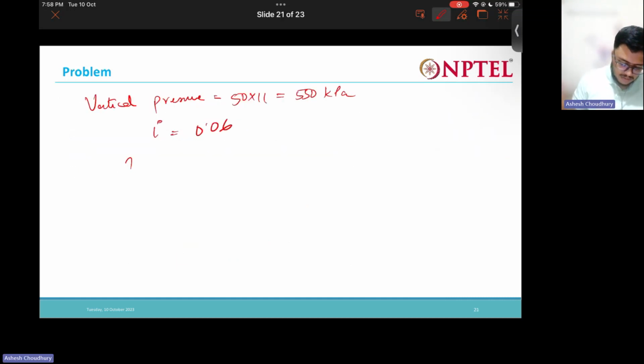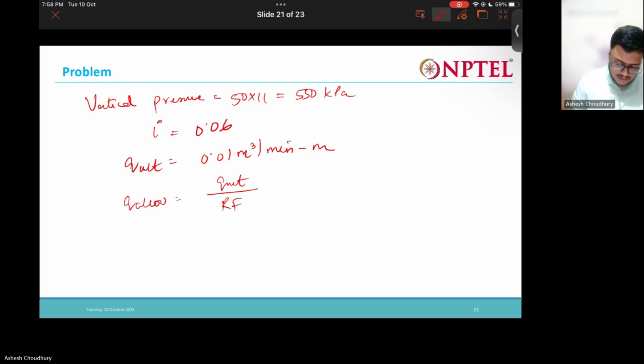Okay, value of Q ultimate. Then you have Q reliable, Q ultimate divided by RFs, 0.01.